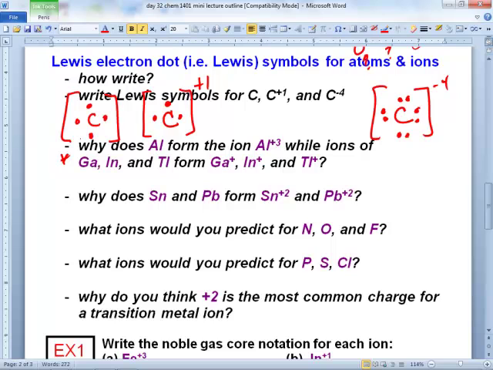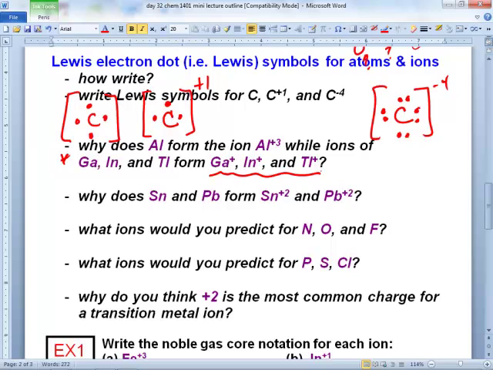How about, this is kind of a trick question, but might as well talk about it. Gallium, indium, and thallium, well, they're right under aluminum, but they form +1. They might form +3 too, but they definitely form a +1. Do you see the difference? Aluminum doesn't have this full D shell right below it, but these 3 do.